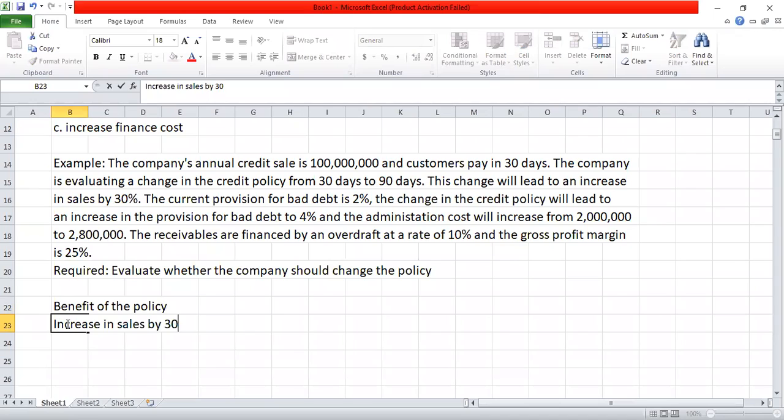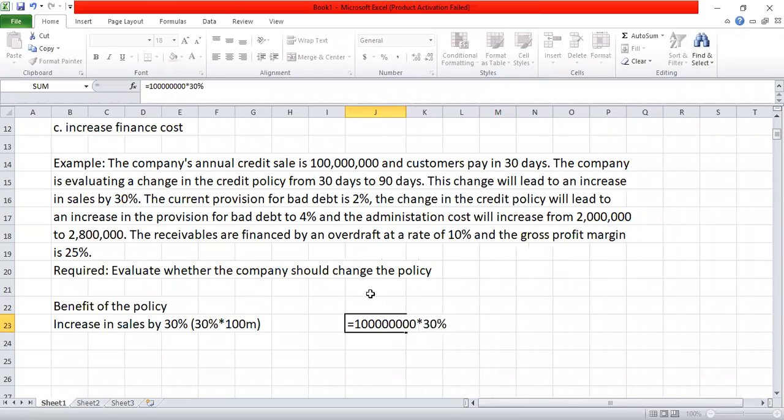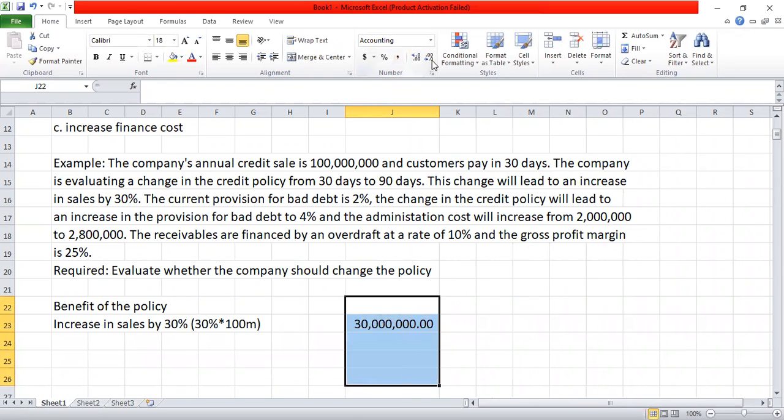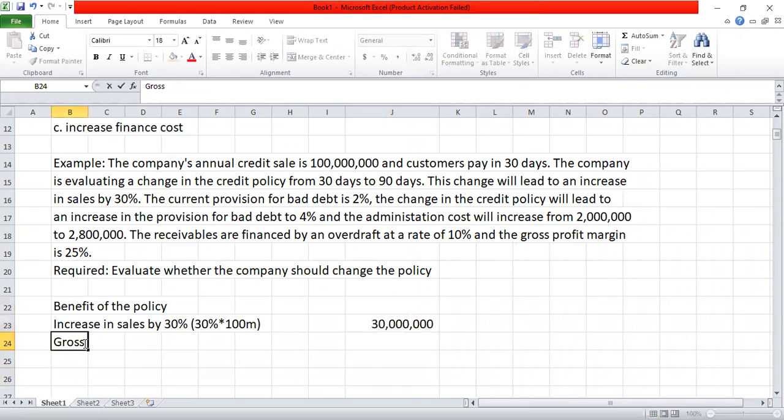So I'm going to have 30% times 100 million. That is going to be the increase in the sales. And the question has told us our gross profit margin is 25%, sorry, I misread.